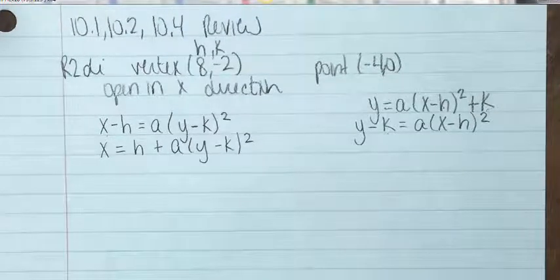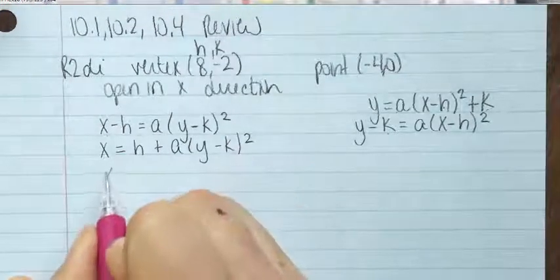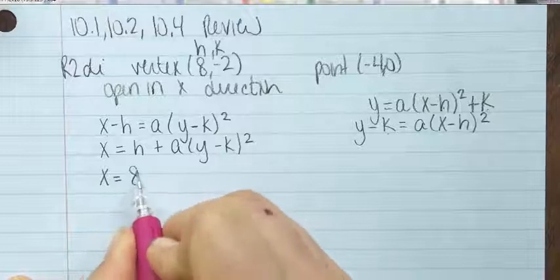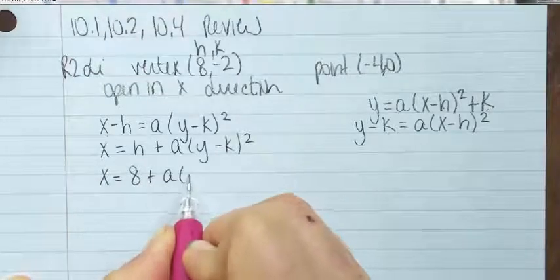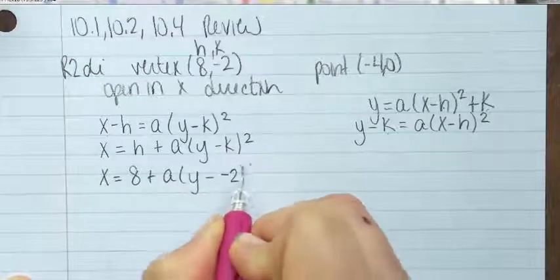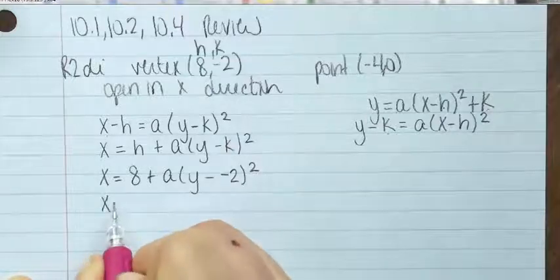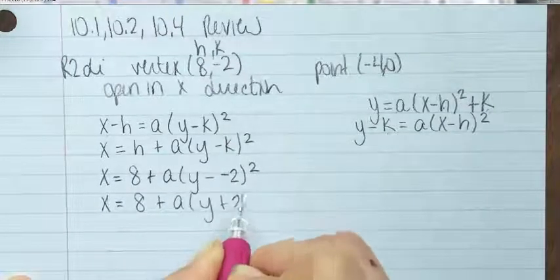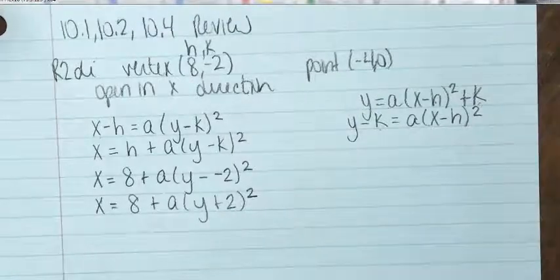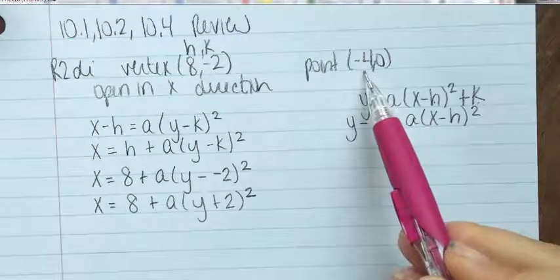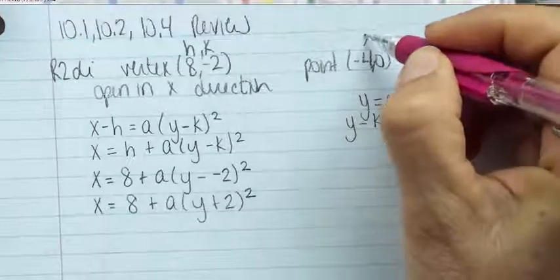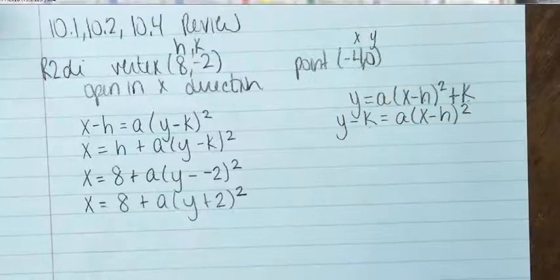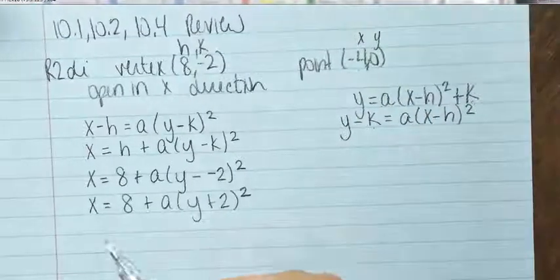So I'm going to start by plugging in my vertex, and simplify that. Problem is I don't know what my dilation factor is. So in order to figure that out, that's why they give you another point. This is my x, this is my y. I can plug those in and I can figure out what a is.